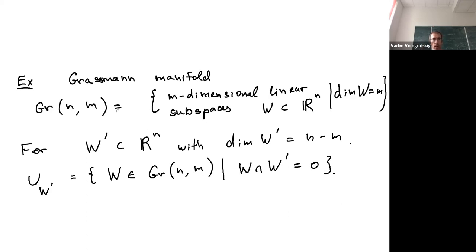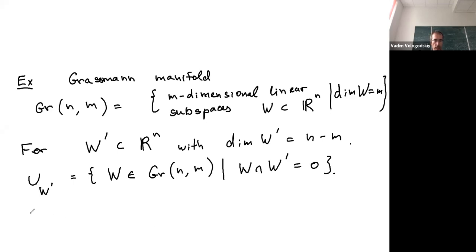So we are looking at the space of all n-dimensional subspaces of a given vector space. We fix a subspace W prime of complementary dimension, and we look at those subspaces which do not intersect W prime.